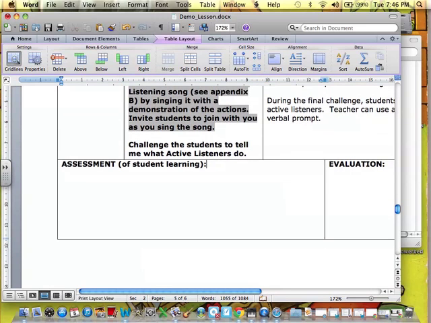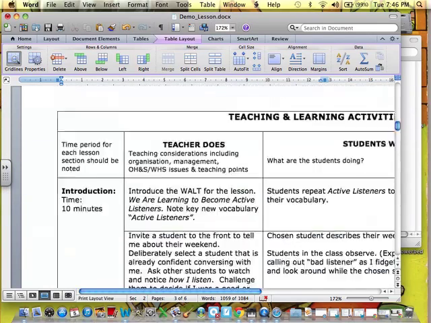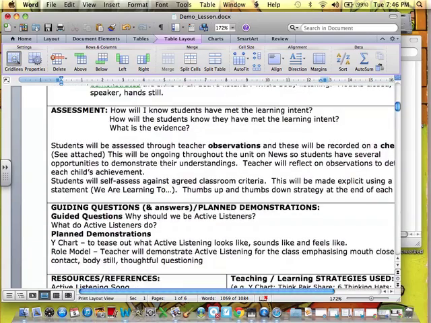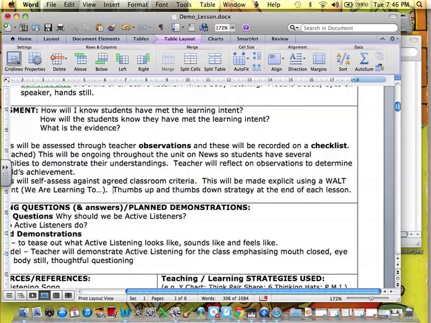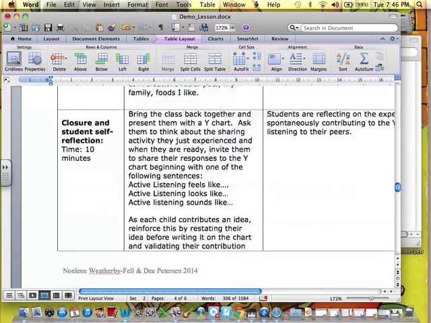So then I've got assessment of student learning. So this is where we go back up here and we consider what our assessment task was. How will I know students have met the learning intent? So, oh, and look here, I was going to say thumbs up, thumbs down strategy at the end of each lesson. So I can add that onto here.